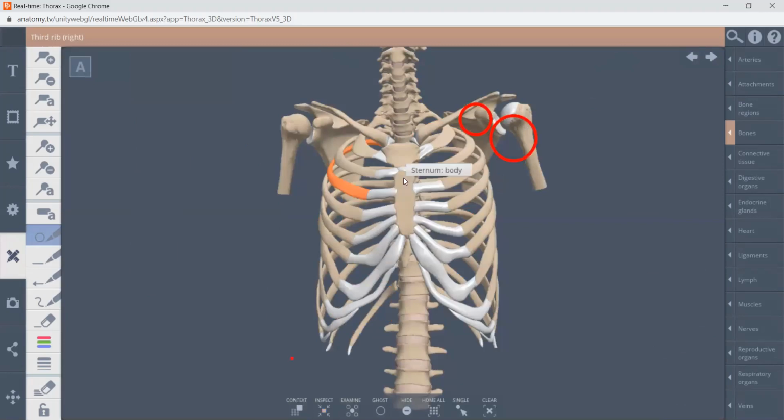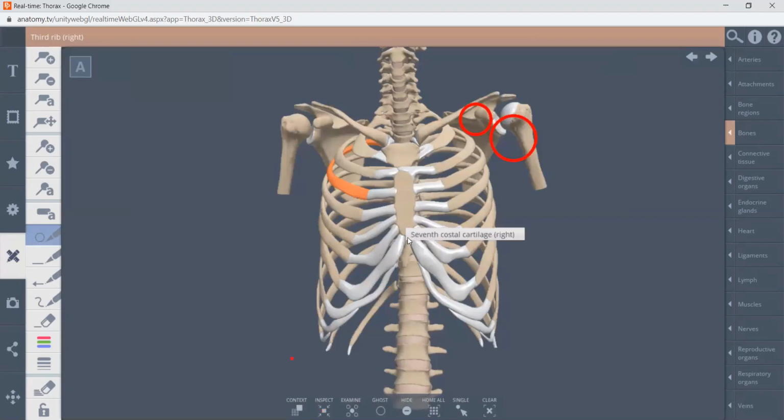Now, when we describe ribs in terms of true ribs and false ribs, what we're talking about there is whether they directly articulate with the sternum or whether they articulate via another rib's costal cartilage. So the sternum is composed of 3 different parts. Top part we've got here, which is the manubrium. This part here, which is the body.